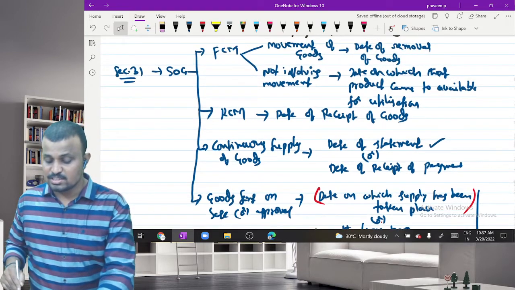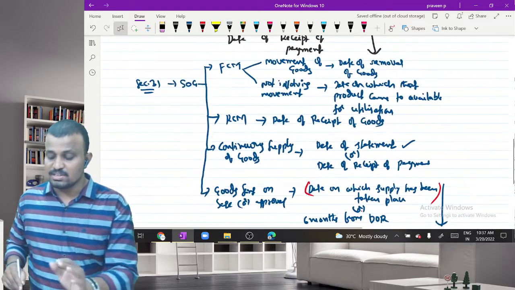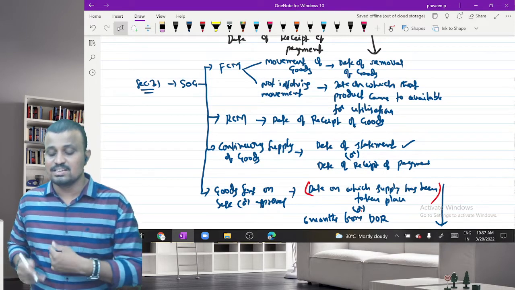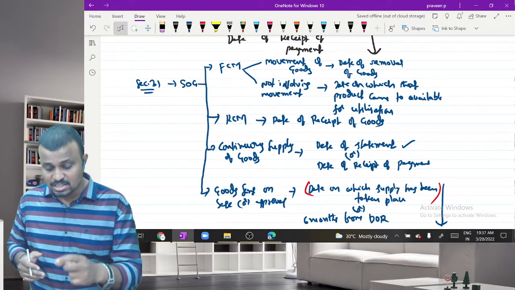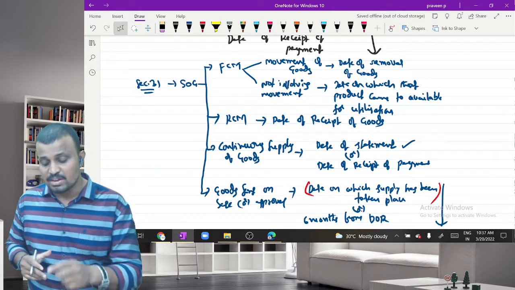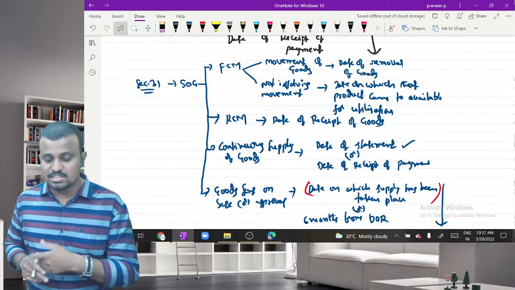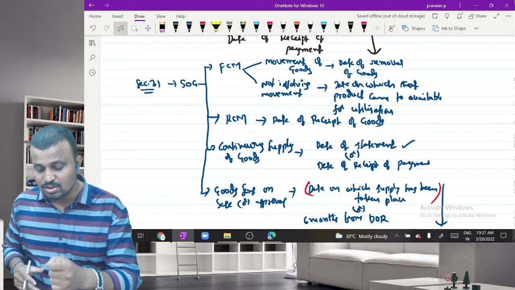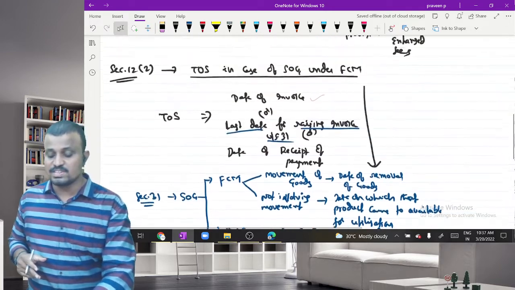So this is section 31. It relates to the last date for raising the invoice in case of supply of goods: forward charge mechanism, reverse charge mechanism, continuous supply of goods and goods sent on sale or approval basis, which we discussed.